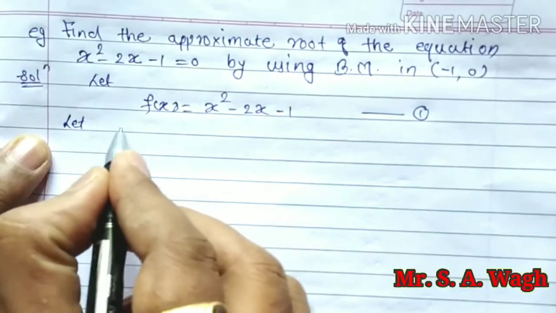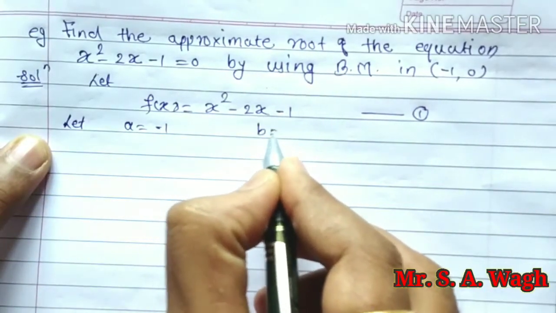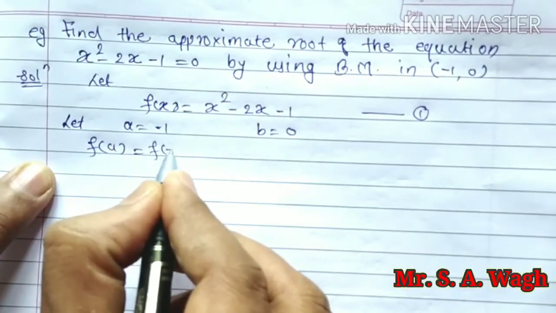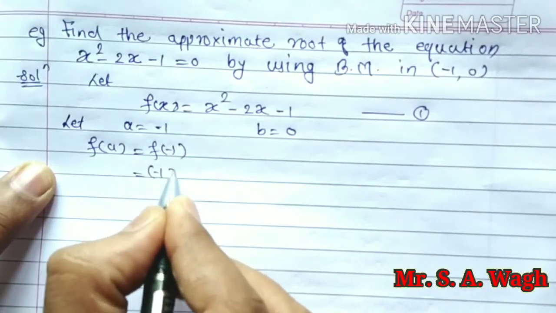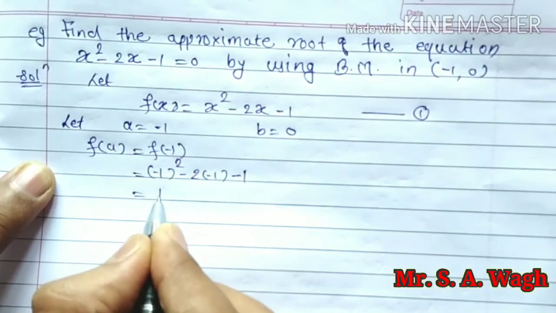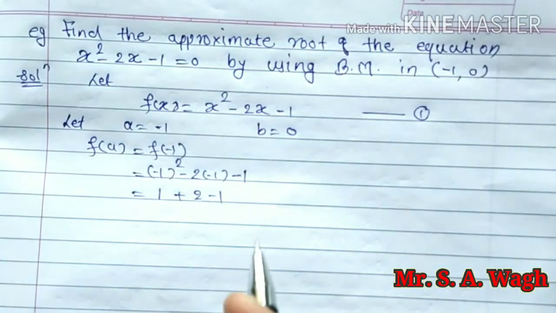Again let us consider the value of a in the interval as minus 1 and b as 0. Then we will find f of a, that is f of minus 1. It will be minus 1 square minus 2 into minus 1 minus 1. So this is 1 plus 2 minus 1.